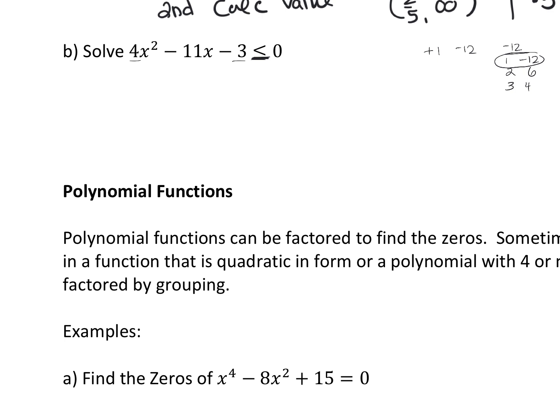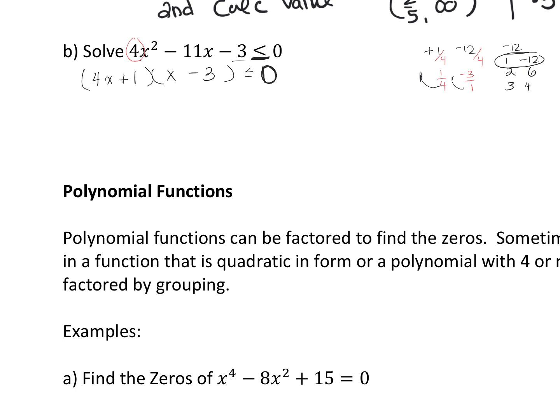I'm going to divide through by this lead coefficient, which is 4, and I'm going to get +1/4 and -3/1. So this is going to factor for me as, remember, we bring these up, 4x plus 1 and x minus 3, less than or equal to 0.